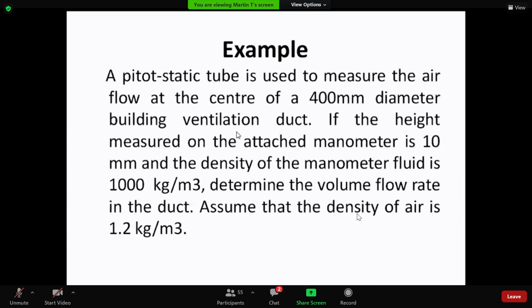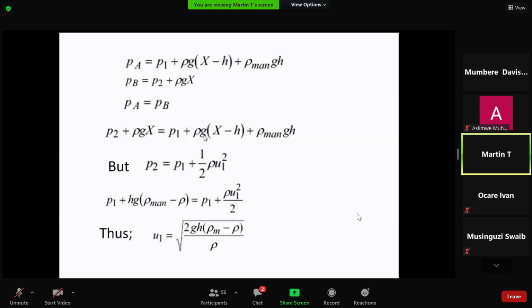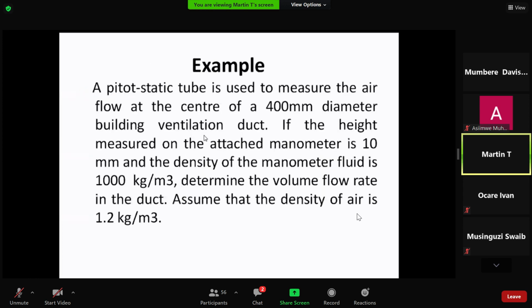The height measured for the attached manometer is 10 millimeters, but I will put it in meters, so that is 0.010 meters. You divide by 1,000, you get it in meters. Then the density of the manometric fluid is water.